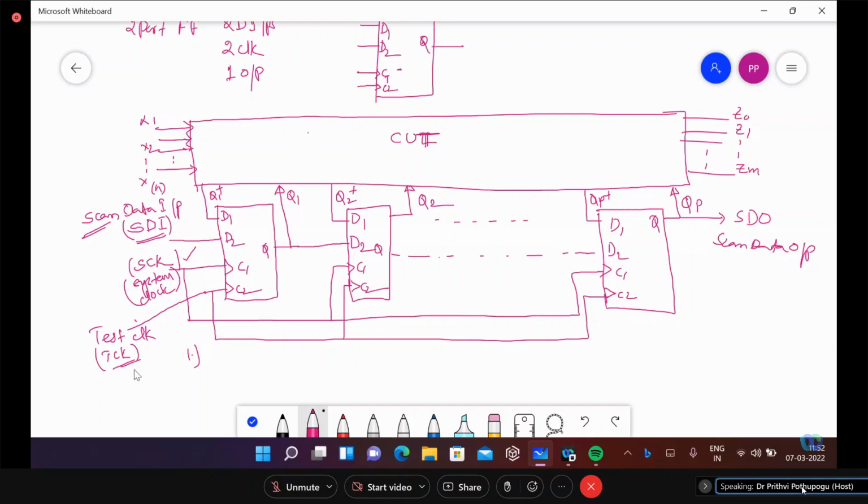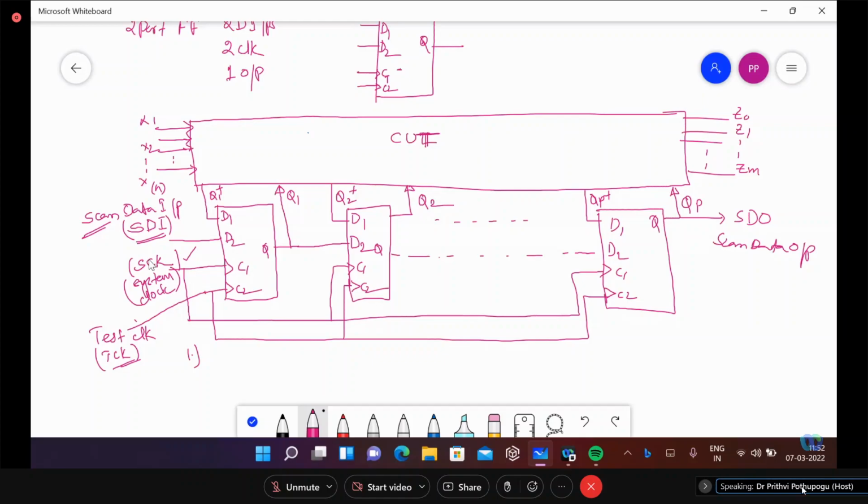The only caution is that your SDI should be ready to be updated. If SDI is ready, whenever the system clock is given to update the new response of the status, the test clock can be given so that new SDI can be loaded, in order to cut down the duration of iteration. So this is what we call scan testing or scan path testing.